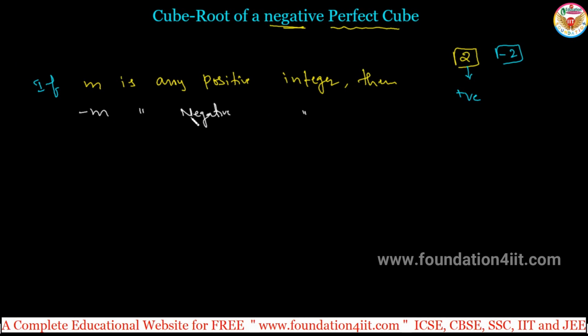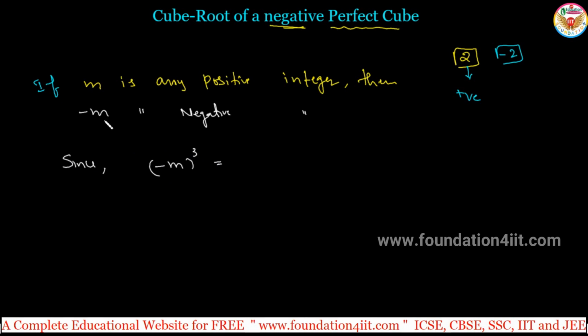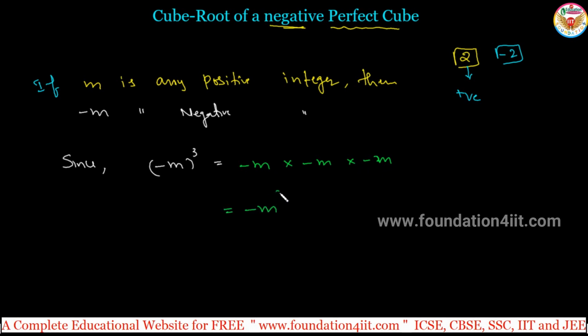So we can make the step like this. If you want to find minus m whole to the power 3, minus m cube: m is positive, so minus m is negative. A negative number to the power 3 means minus m is multiplied 3 times, which is nothing but minus m to the power 3. So (minus m) whole power 3 is minus m power 3.